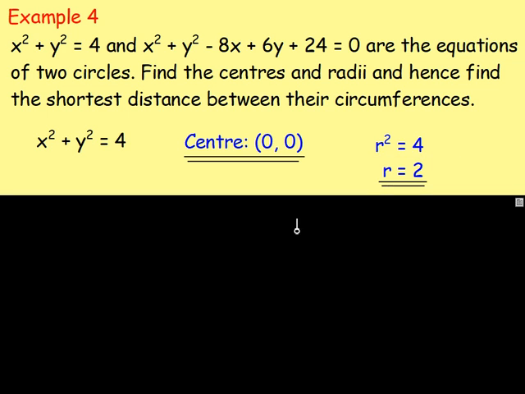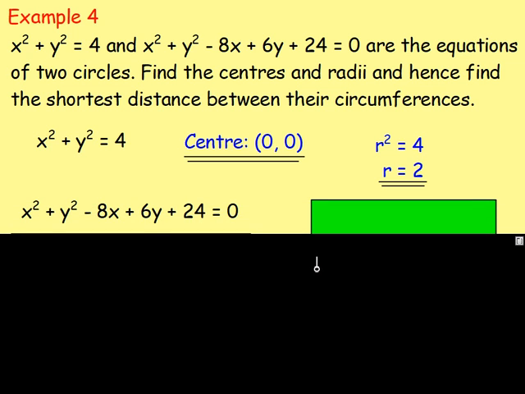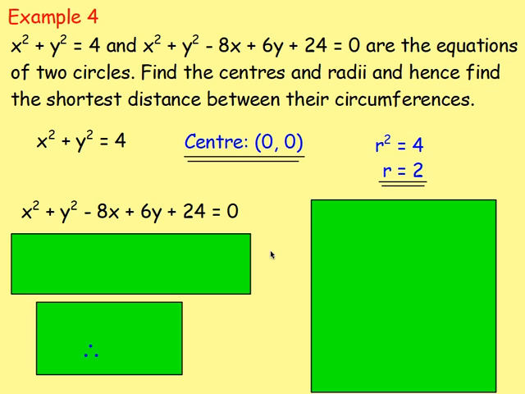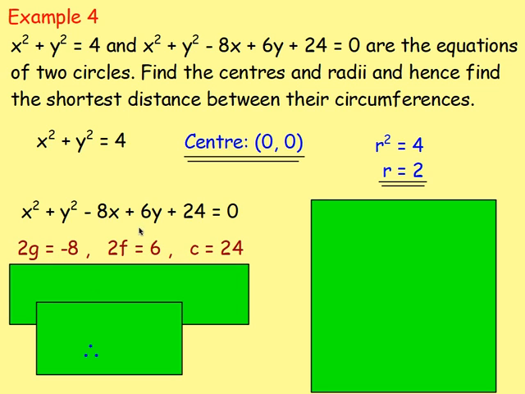From there then, you can look at the second equation, so x² plus y² take away 8x plus 6y plus 24 equals 0, and again you can write down the centre and the radius. But because this is in the general form, you may wish to first of all write down the values of 2g, 2f and c. So in the order, 2g first of all is the coefficient of x, so you'd have -8. 2f is the coefficient of y, so you'd have 6.